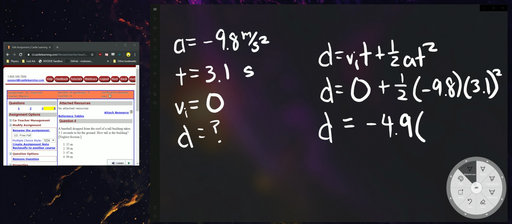I'm just going to round it and do 3 squared to get around 9. And I should get somewhere around 45 meters. Perfect, there's an answer close to 45 meters, and the answer is 47 meters. So it is 3.